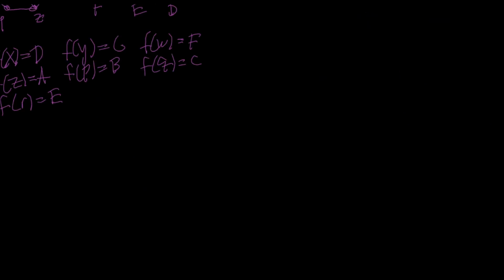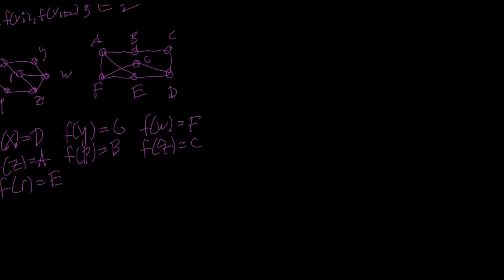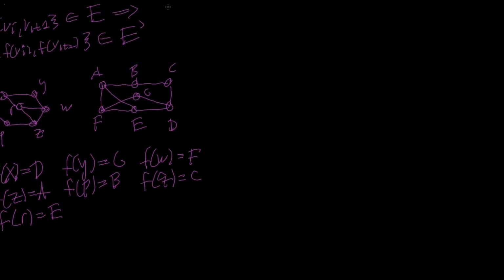Now let me zoom out a bit to make this a bit easier to see. So we could view this edge xq analogously to dc, since x maps to d and q maps to c.